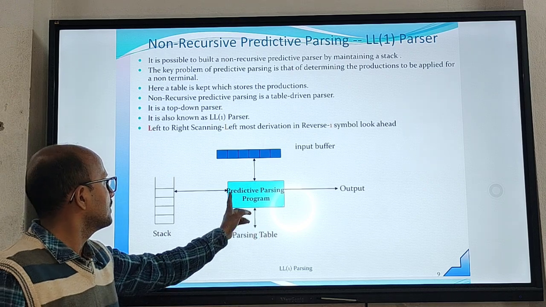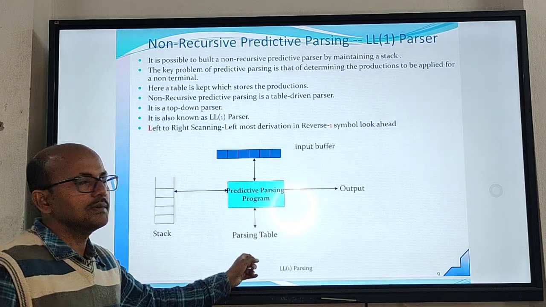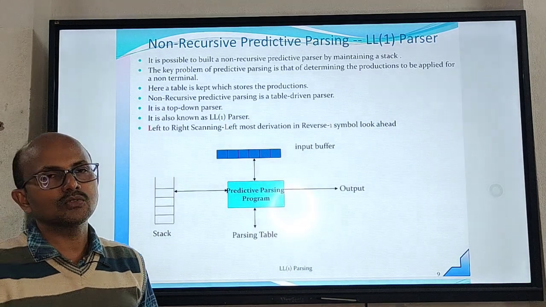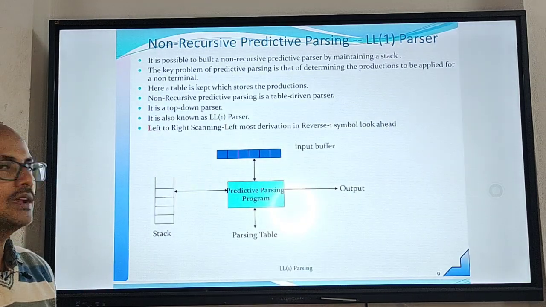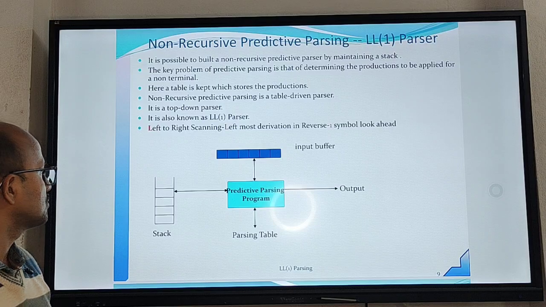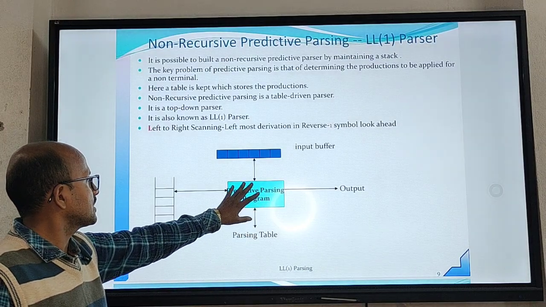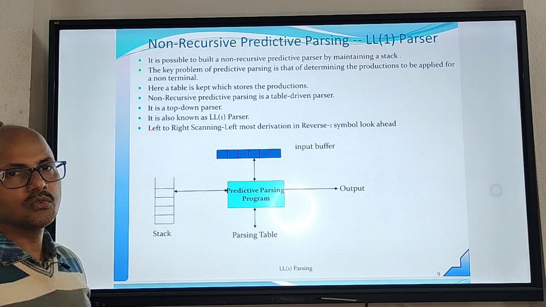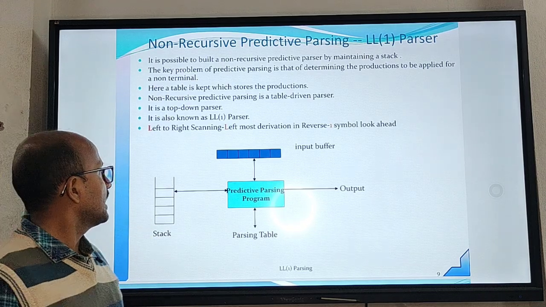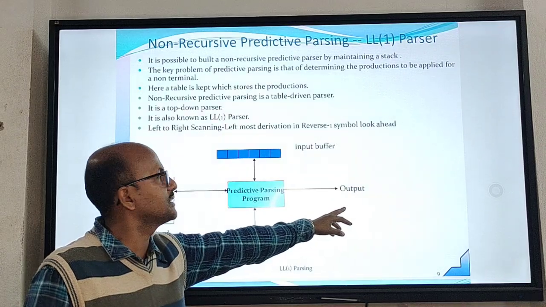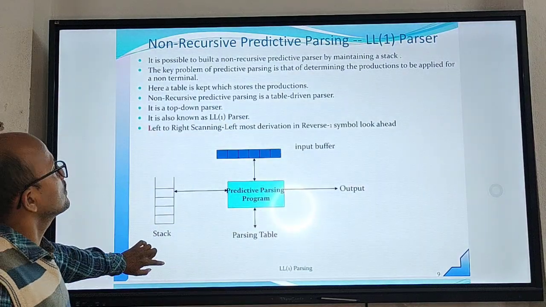The parsing table stores the rules: when one non-terminal and one terminal symbol are encountered, what production rule we have to choose is prescribed there, and based on that the parser will decide the particular production rules, and the sequence of productions will be generated by the LL1 parser.